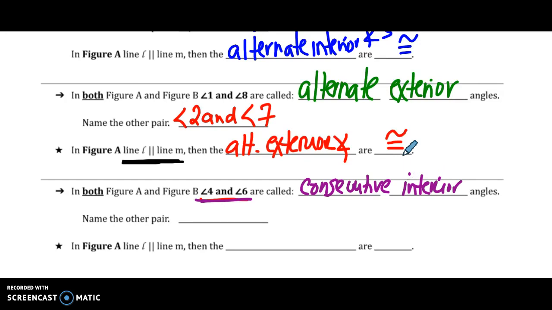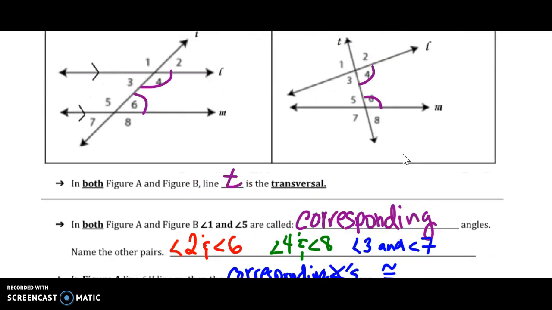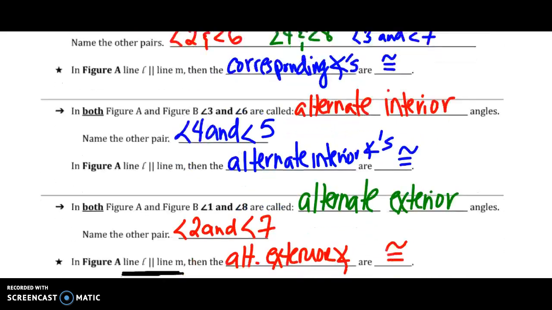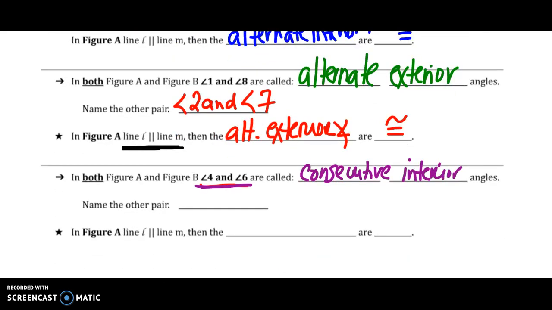Okay. Let's name another pair that are inside those lines and on the same side of the transversal. That would be 3 and 5. Inside L and M on the same side of the transversal, angle 3 and angle 5.